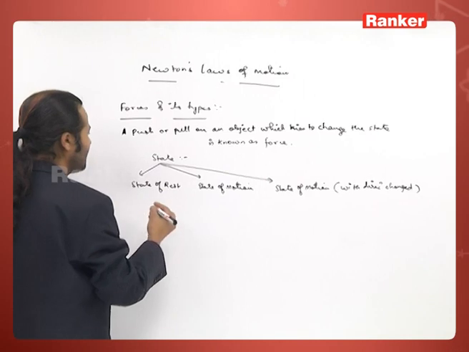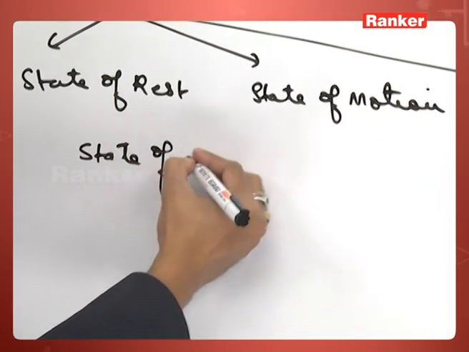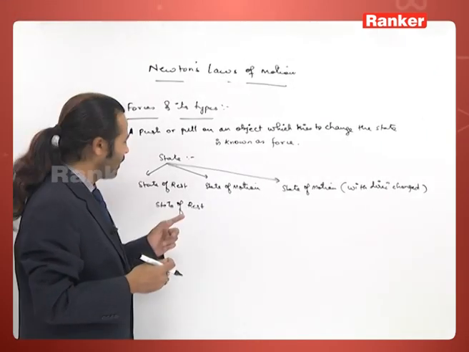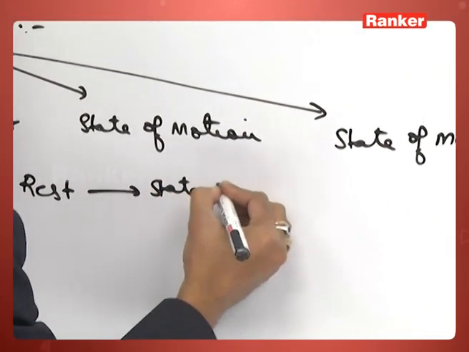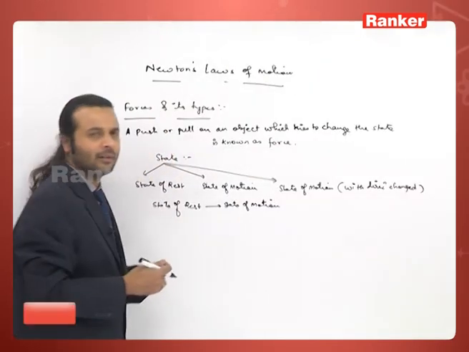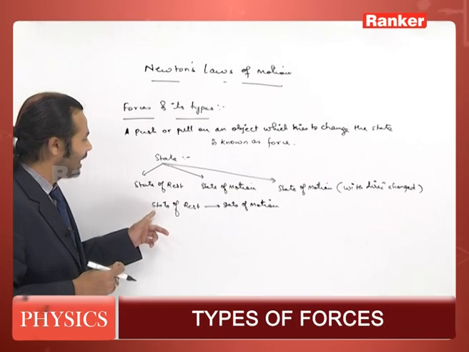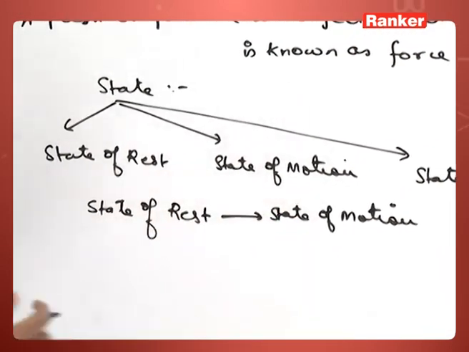That means we can say when a push or pull changes the state of rest of an object to state of motion, a force has to be there. A force on an object has to be there which can change the object's state of rest to state of motion.